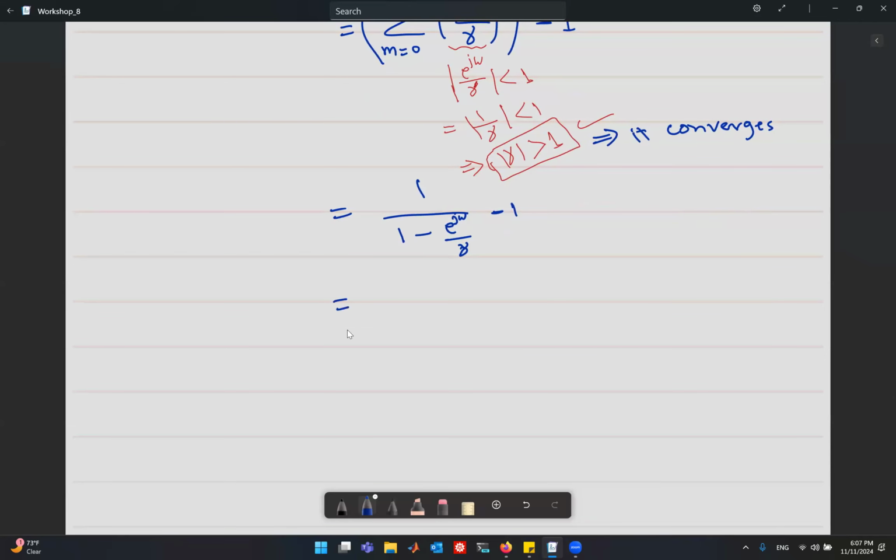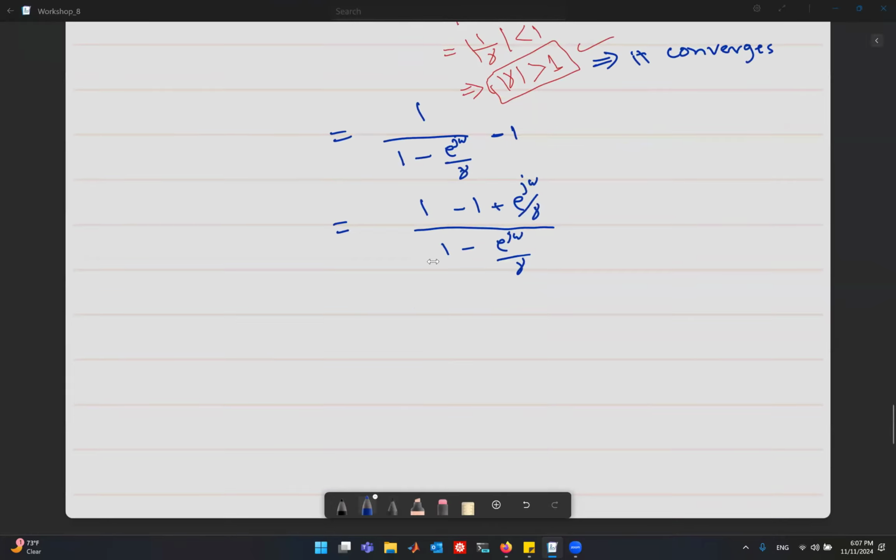We can rewrite it as 1 minus 1 plus e to the j omega divided by gamma, divided by 1 minus e to the j omega divided by gamma. And then those will cancel, so we'll have e to the j omega divided by gamma minus e to the j omega, after multiplying by gamma.